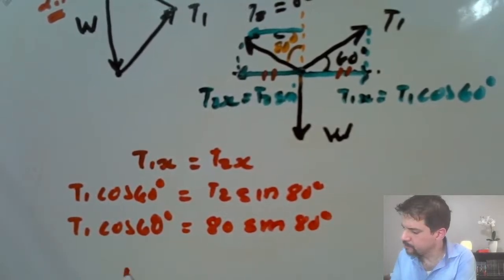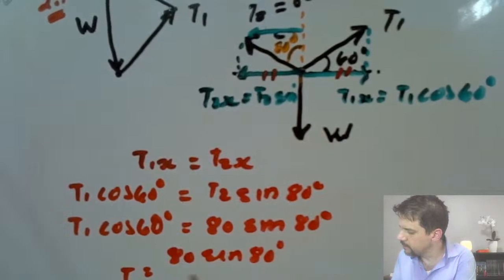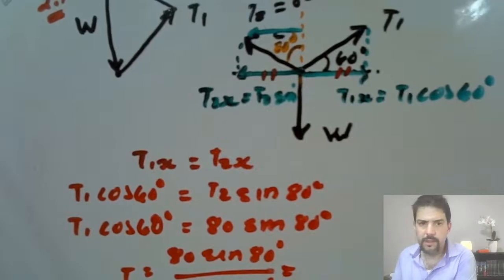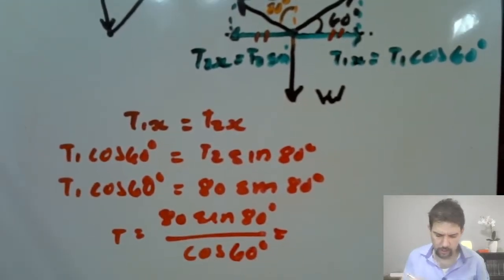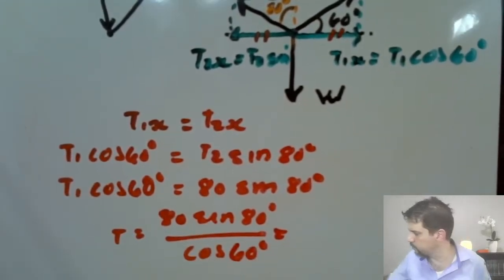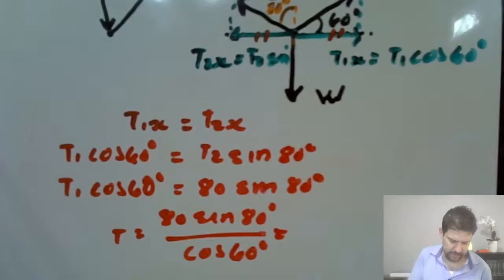T1 is equal to 80 sine 80 degrees divided by cosine 60 degrees. And then you get the answer there, which we are going to calculate real fast. My calculator, where I placed it, is this. So let's do it quickly. This one is 80 sine 80.